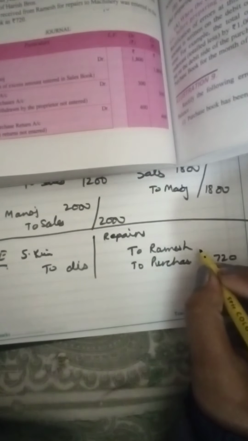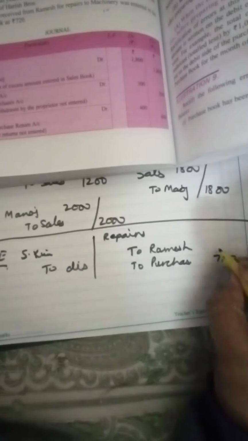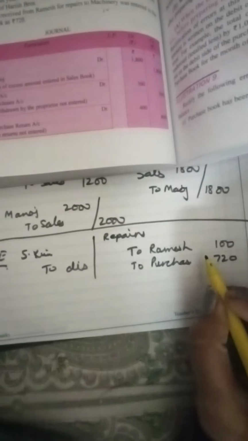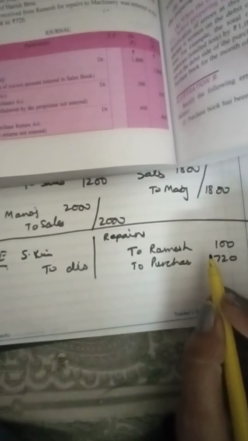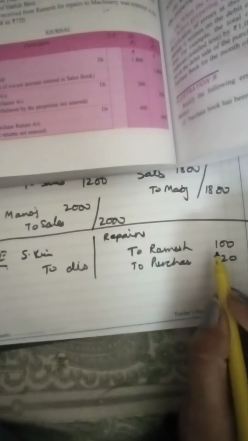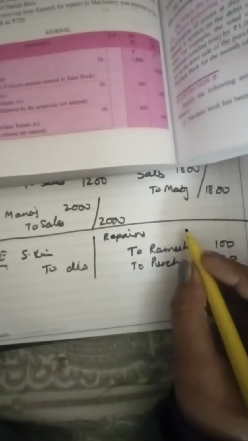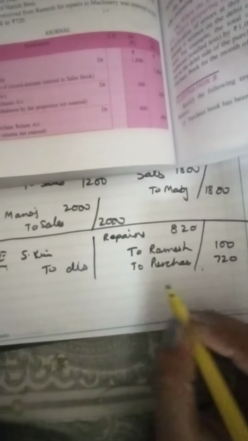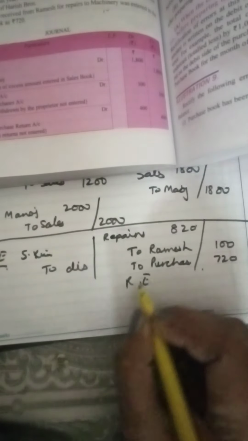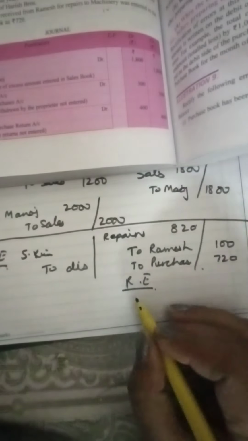Ramesh had to be credited with 820, we have debited him with 720, so credit it with 100. And repairs will be the total amount, repairs of rupees 820. The error will be removed. This is the rectifying entry for F transaction. Done.